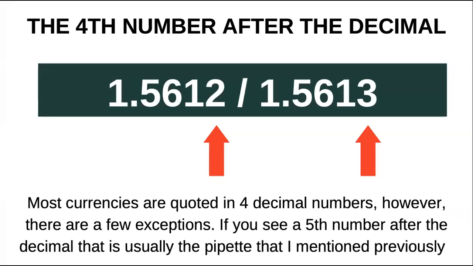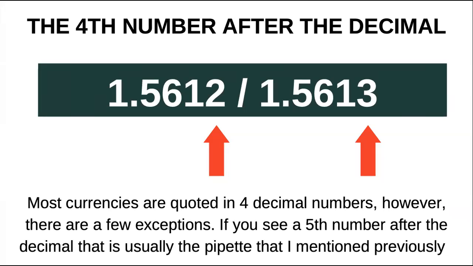And so when you are looking at the price on your charts or in your MetaTrader 4, the fourth number after the decimal is the pip. So in this case, you'll see 1.5612, the 2 is the pip, or 1.5613, the 3 is the pip.